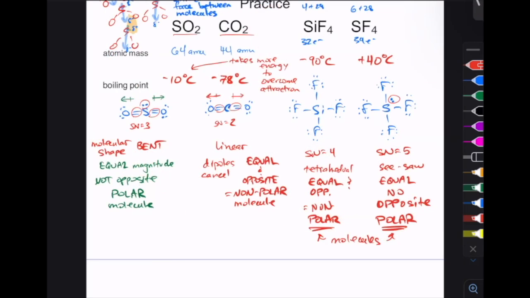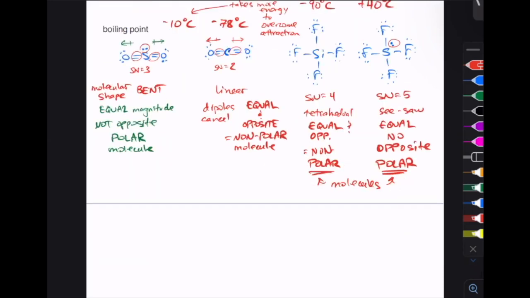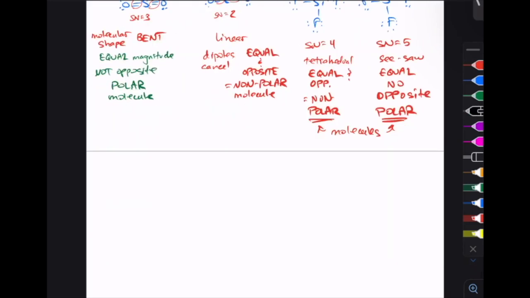But here, let me give you another challenge. Let's look at this one. I'll save you some time and I'll actually give you the 2 Lewis structures. So here's exhibit 1 and here's exhibit 2.